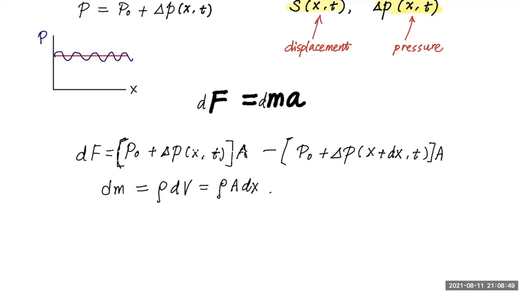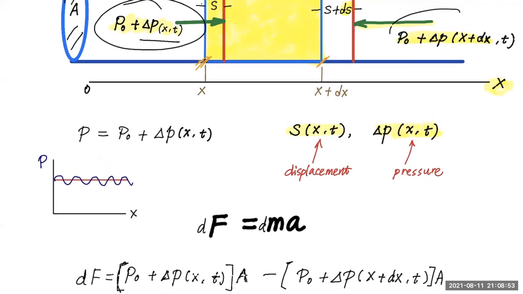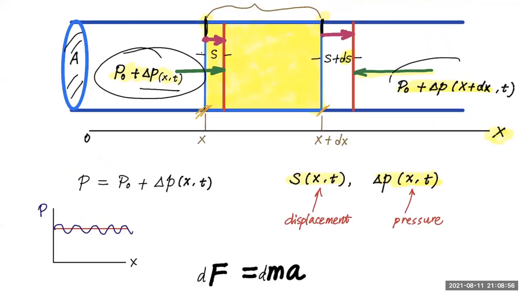That's simple. So you have dF, you have dm, and what about a? Well, a is a second derivative of some sort of displacement. I have two quantities with the same dimension as displacement, s and x. Which one do I use? Be very careful here, as this is a point of confusion for a lot of people.